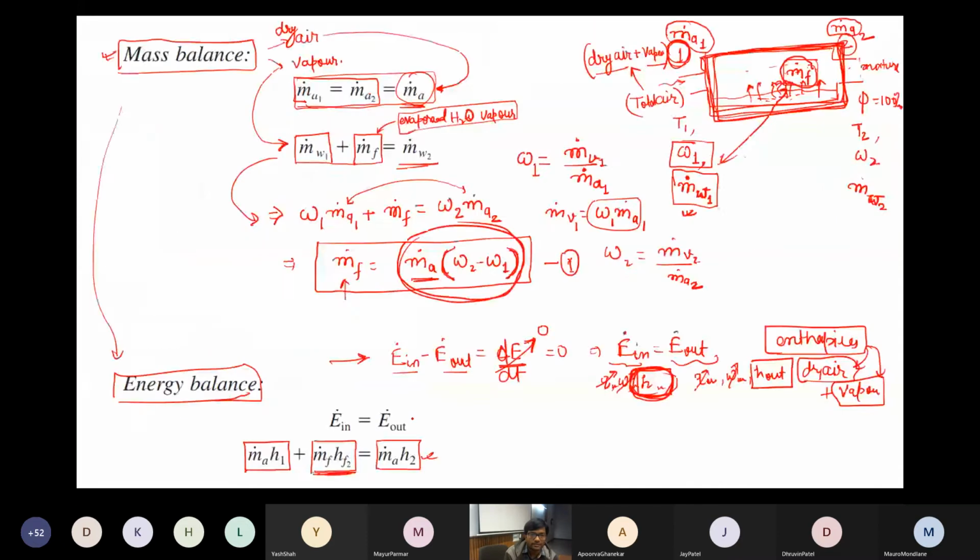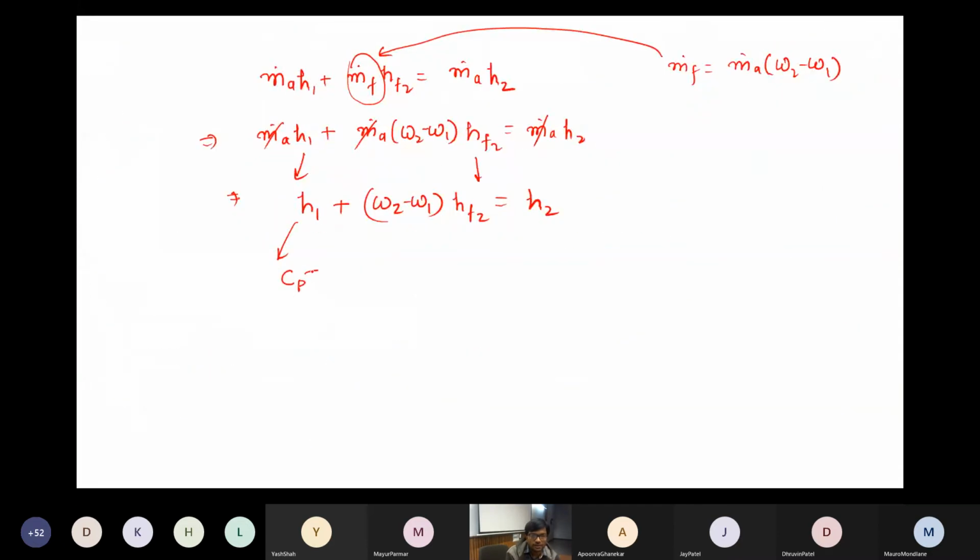So I can write, as a whole, CpT1 plus omega 1 times hg1, in terms of the table, since I'm going to look into the tables now, plus omega 2 minus omega 1 times hf2.